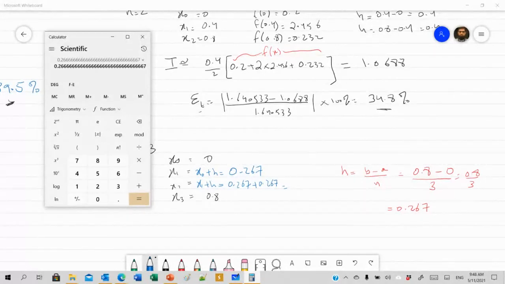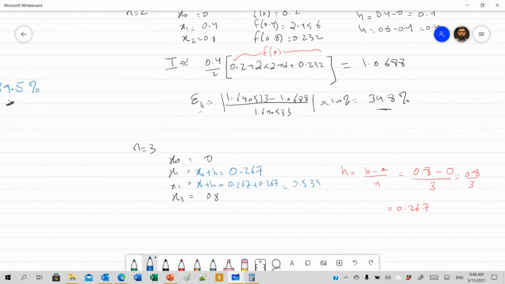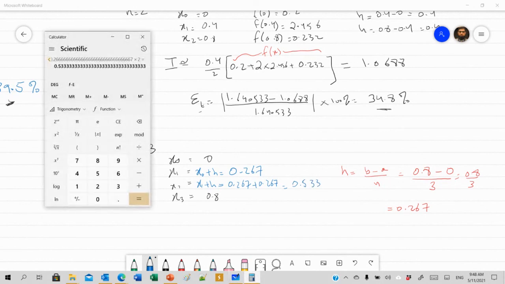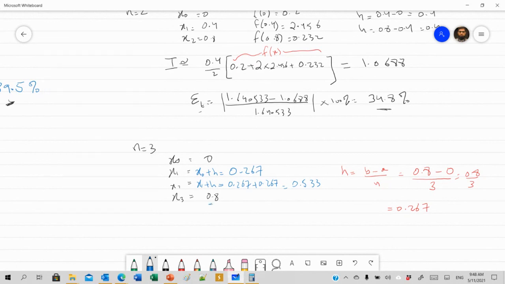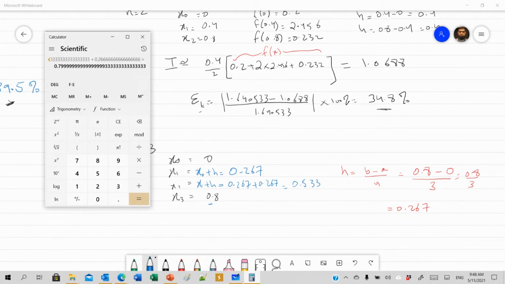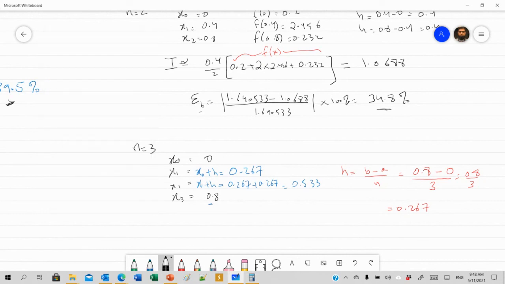It means just this number multiplied by 2 comes out to be 0.533. And then the next point should be 0.533 plus 0.266666 whatever, and it should come out to be exactly 0.8. Of course, without the approximation, it should come out to be exactly that value. So this is how you find the intermediate points using the h.